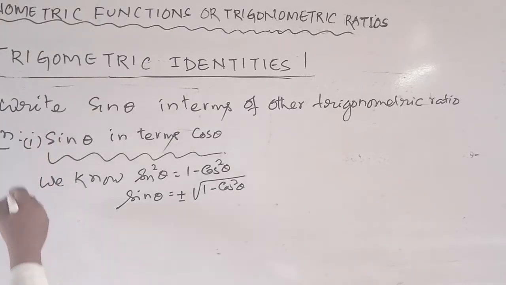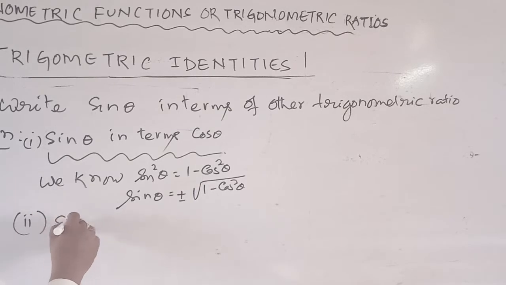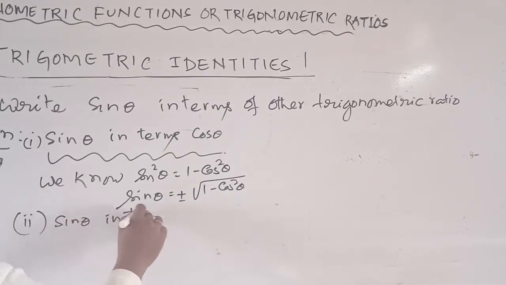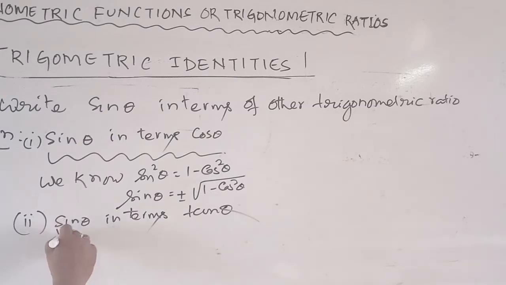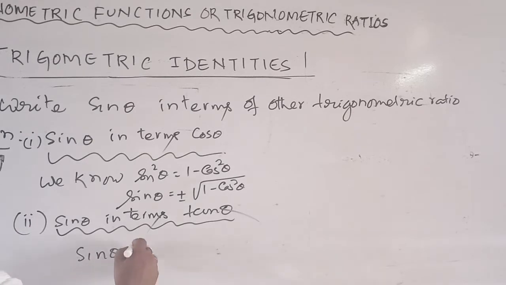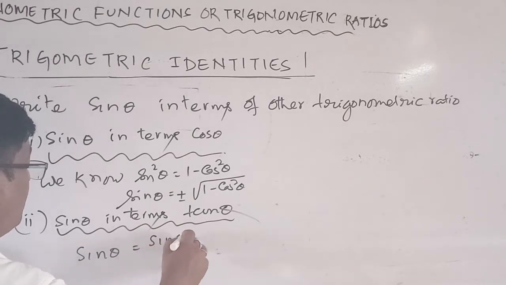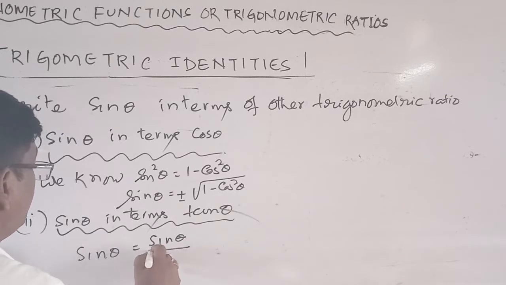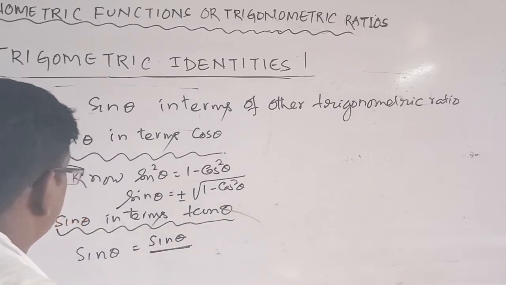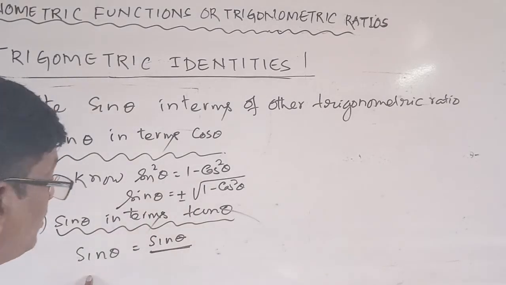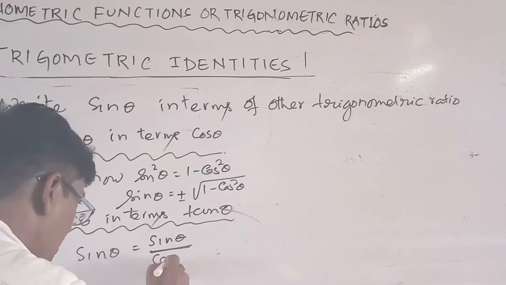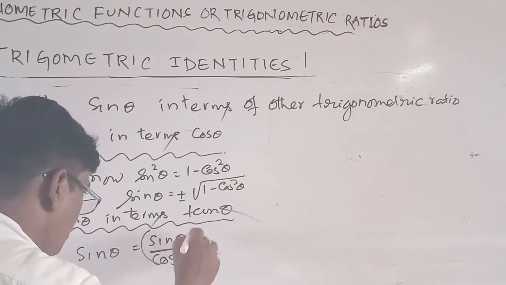Now, second, sin theta in terms of tan theta. Here, sin theta is equal to what? To get tan theta, we divide by cos theta and multiply by cos theta.